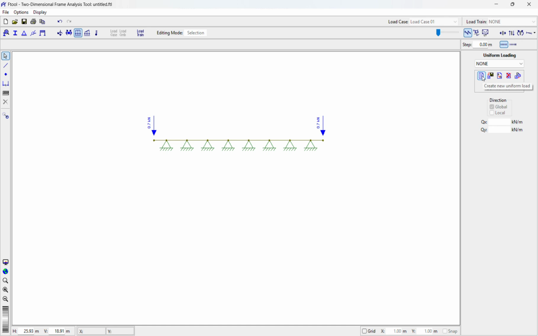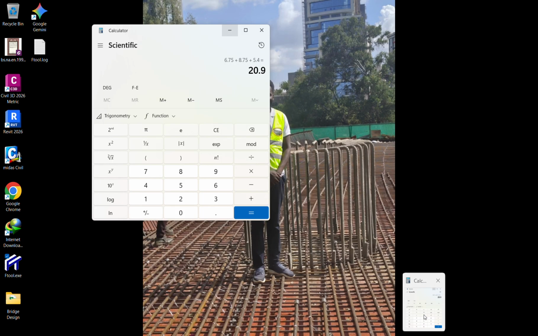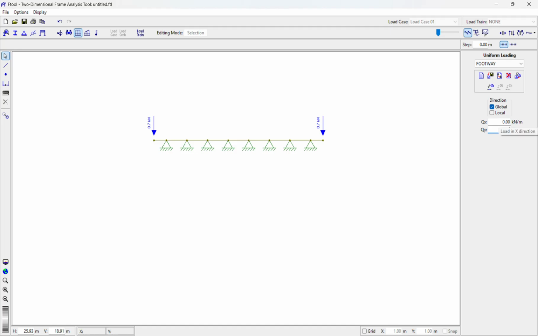This is the uniform loading. Create a new loading. Name it footway. Done. Then it was 20.9. Negative 20.9. Select your members. Apply.